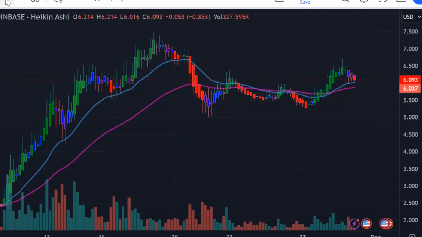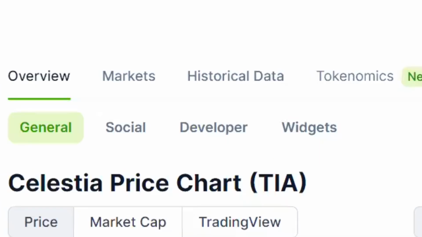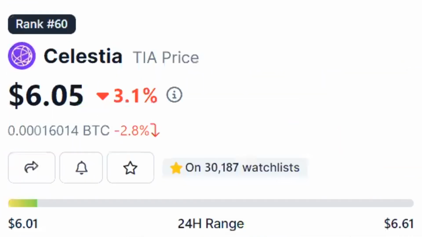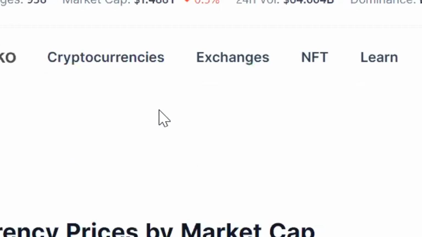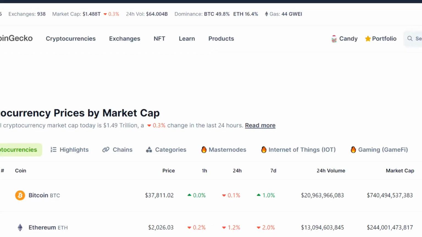Who knows? It might even go higher, because if we go ahead and look at the market cap of its competitors, Ethereum, Solana, they're competitors. Polkadot's a competitor. So we'll go here and go by market cap. I just want to see what the market cap is of Ethereum and Solana, and we'll do a little bit of comparison here.